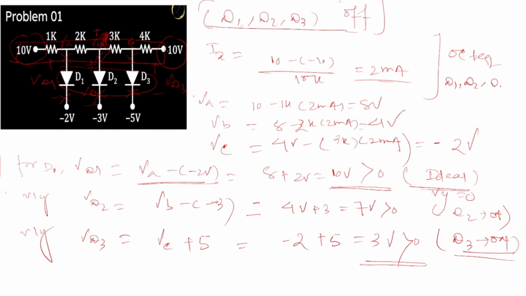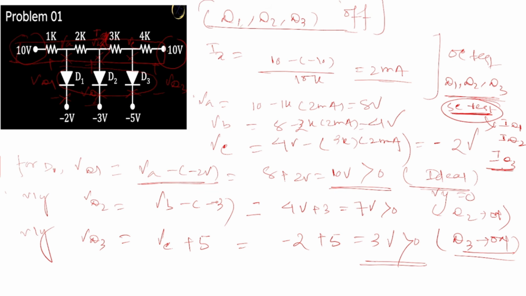Now your task is to solve the same question with the short circuit test. As I gave you the basics, for the short circuit test you have to calculate simply ID1, ID2, and ID3.